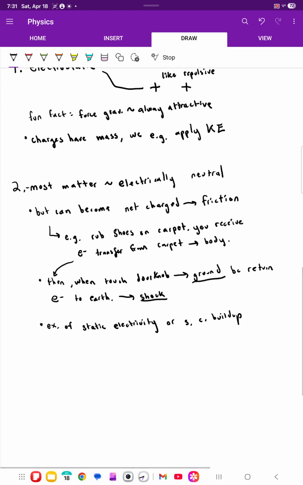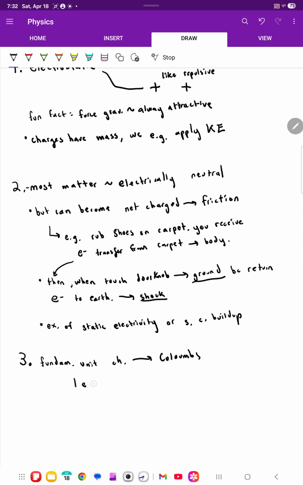So we need to note, as point 3, that the fundamental unit of charge is in coulombs, and 1 electron is equivalent to 1.6 times 10 to the negative 19th coulombs.